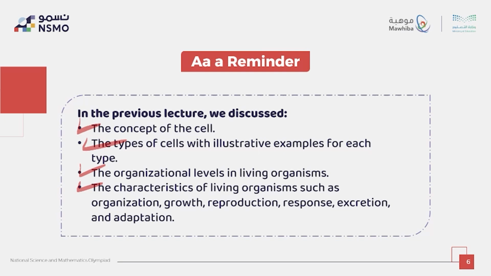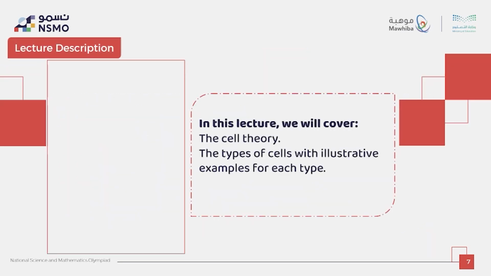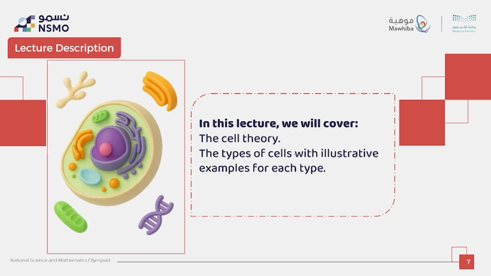This quick review is important because the cell theory is built on these foundational ideas. So in this lecture, we will cover the cell theory and the types of cells with illustrative examples for each type.